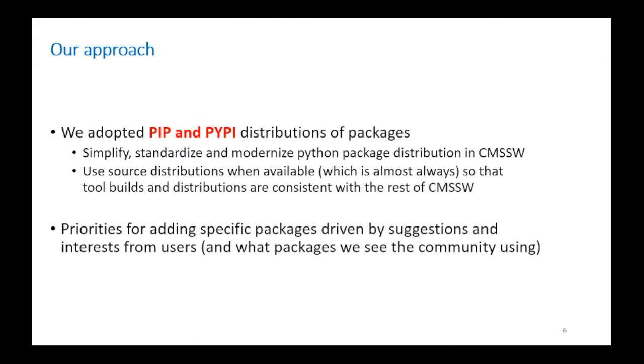That was really our motivation. We're using the source distributions when we can, because it's often the only thing available. It also makes it easy that we have our own compiler. We want to use our own compiler, and it's easy to make things consistent.